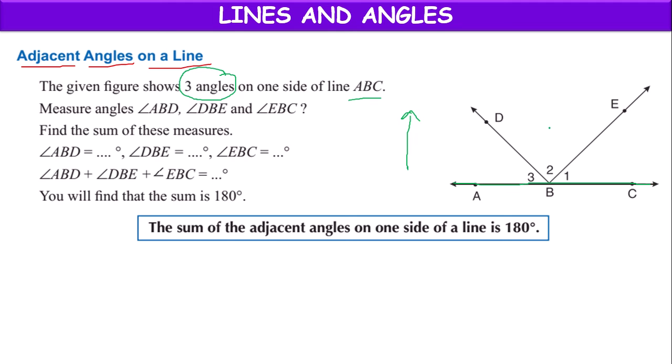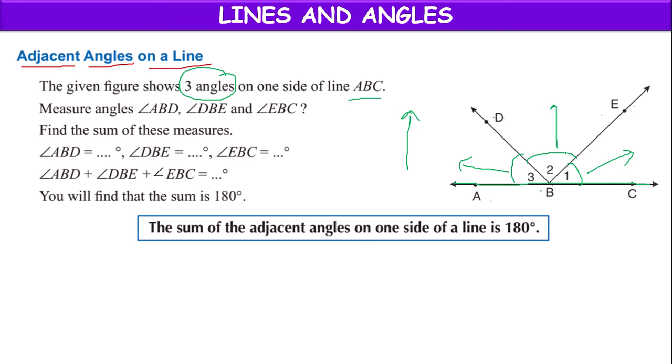On the upward portion of line ABC, it is showing three angles: angle 1, angle 2, angle 3. Angle ABD is denoted as 3, angle DBE is denoted as 2, and angle EBC is denoted as 1.